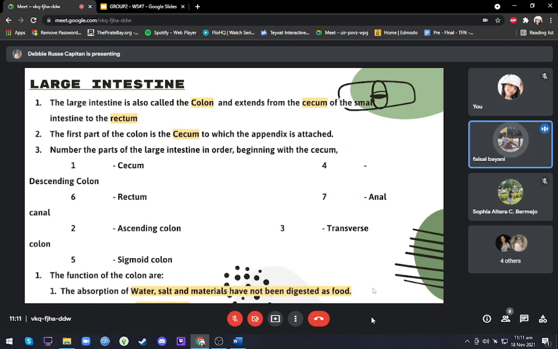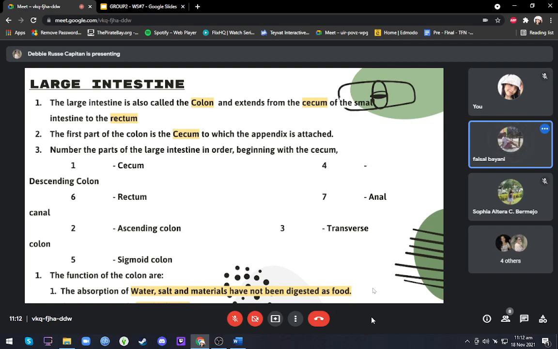For large intestine, number 1, the large intestine is also called the colon and extends from the cecum at the small intestine to the rectum. Number 2, the first part of the colon is the cecum, to which the appendix is attached. Number 3, number the parts of the large intestine in order beginning with the cecum.